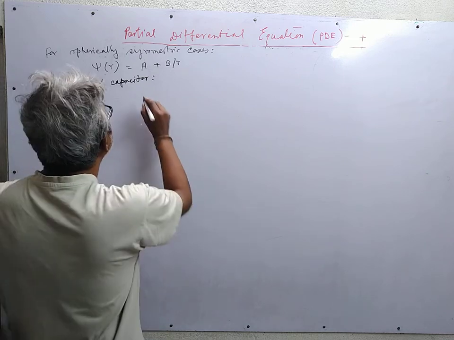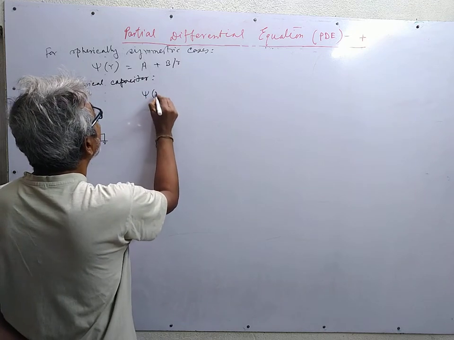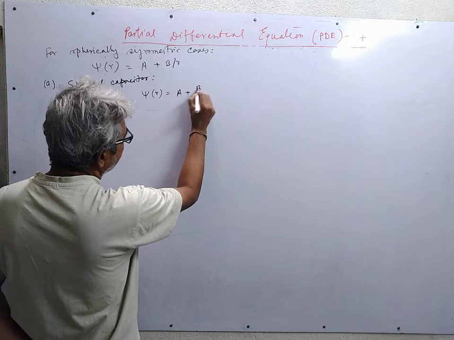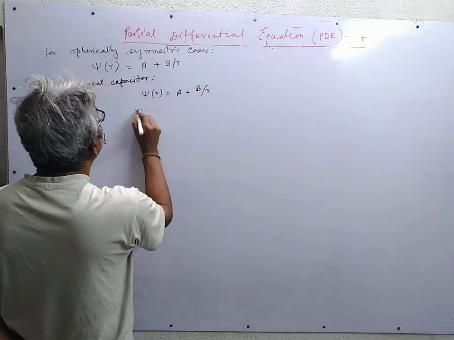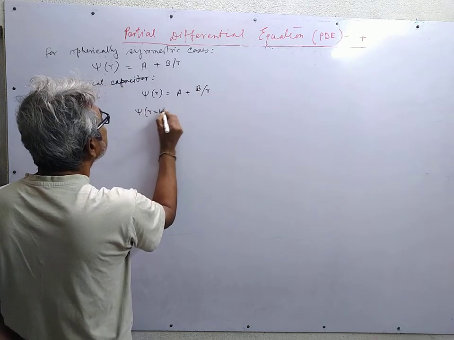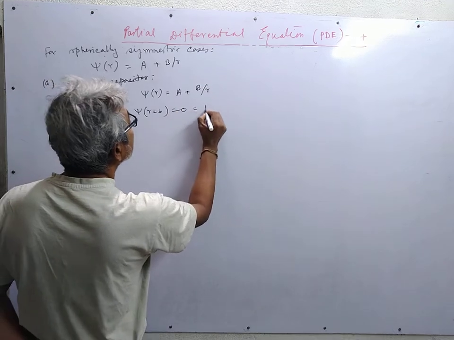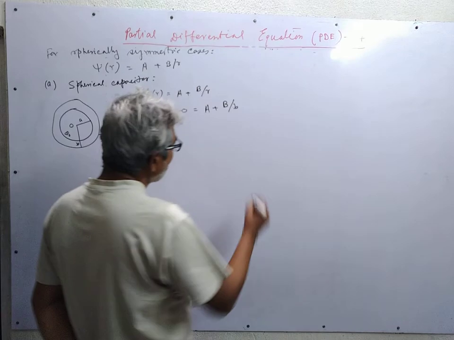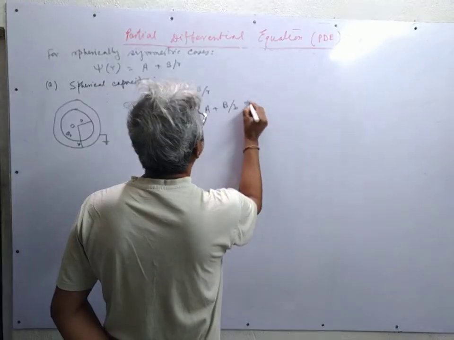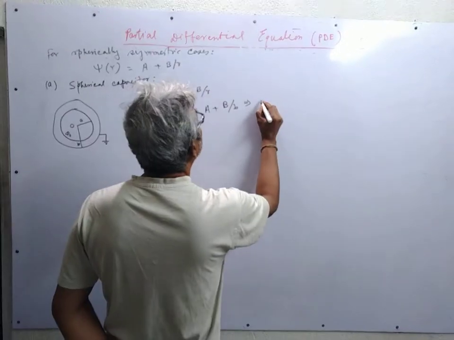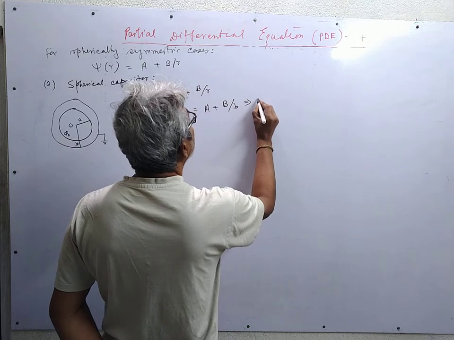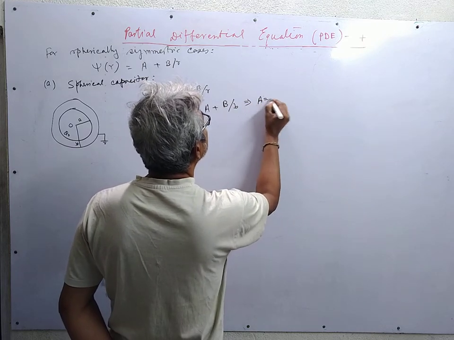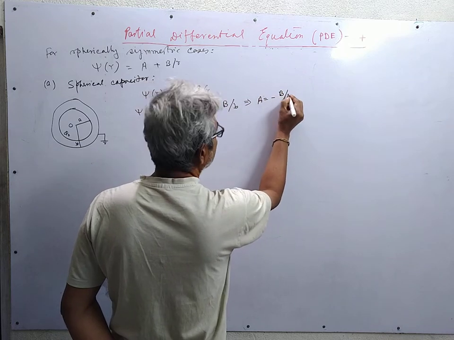So the first boundary condition is that the solution phi is A plus B by r, at r equal to b. This gives 0 equal to A plus B upon b, which gives us A equal to minus B by b.